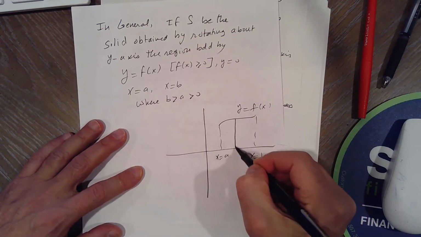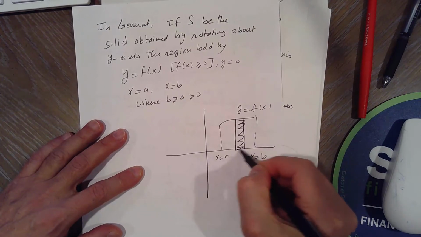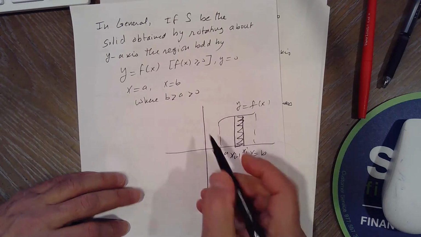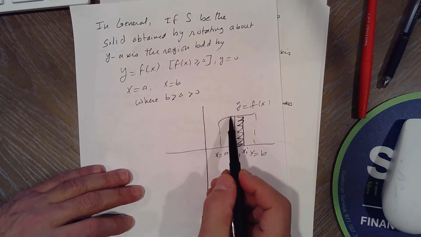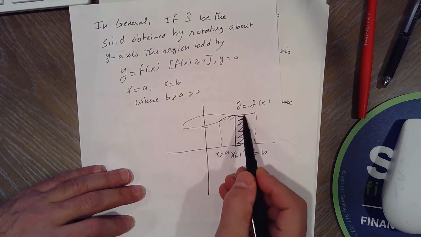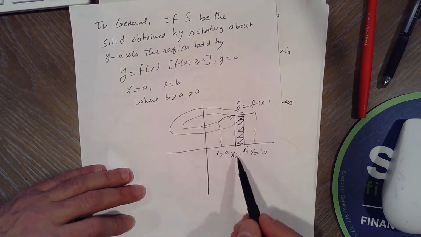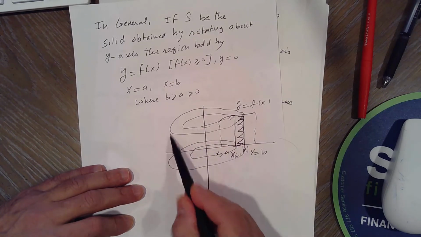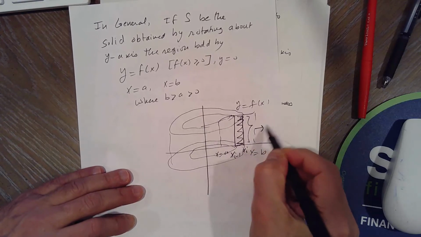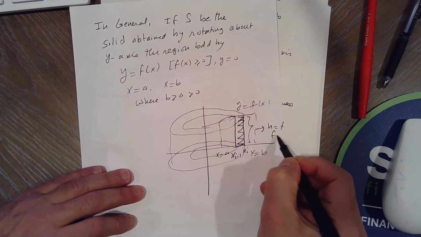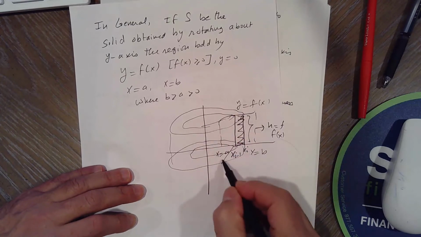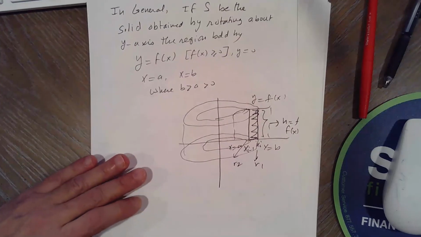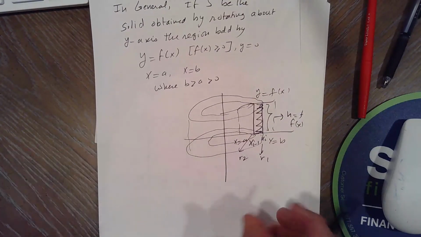So we take a strip, instead of r1 and r2, it's x i minus 1 and x i, and if we rotate, we're going to get that cylinder. So you can see the height is f of x, and then r2, r1. Okay, so this will give you the volume.